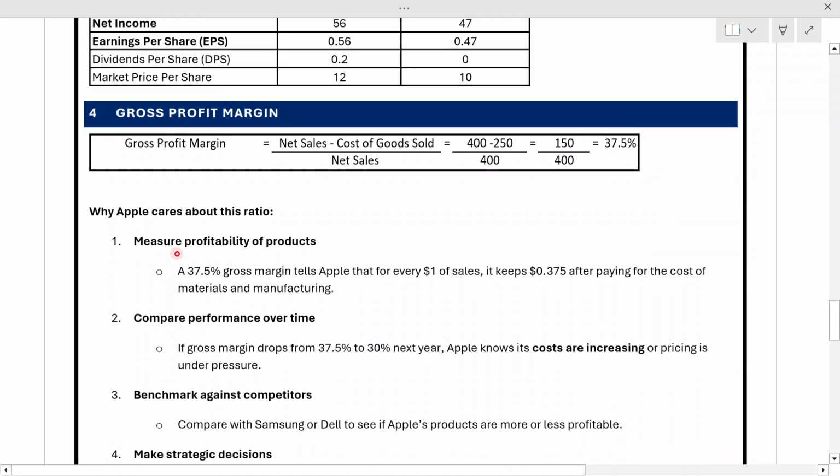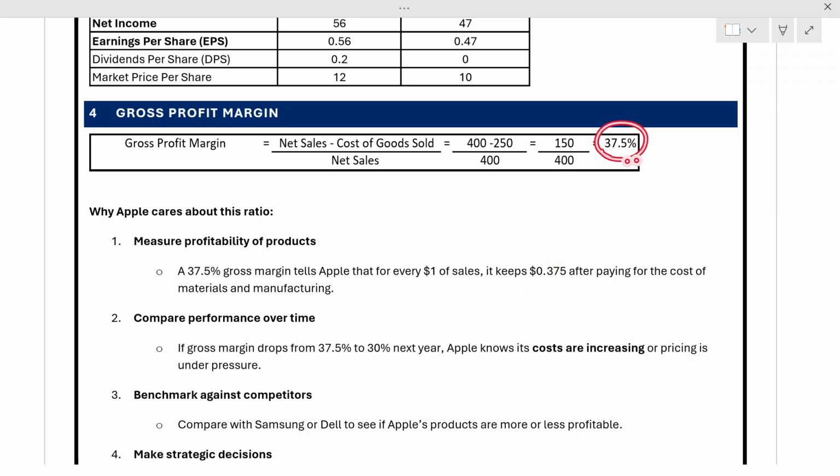Simply, the gross profit tells Apple company that for every dollar of sales, the company keeps $0.375 effectively.